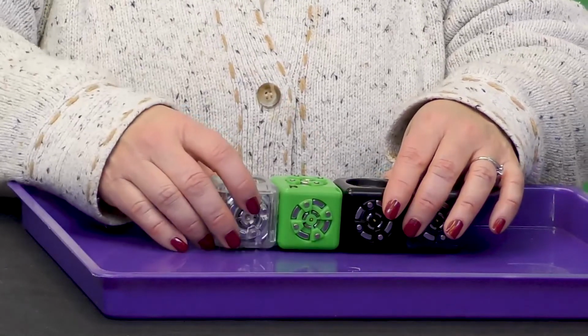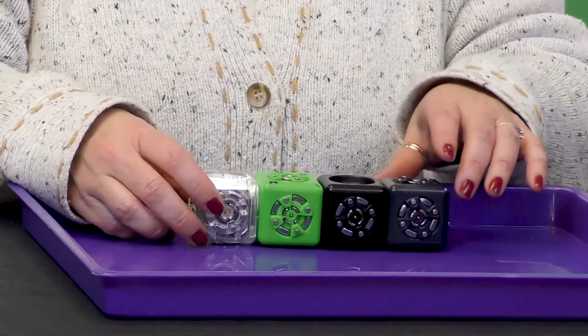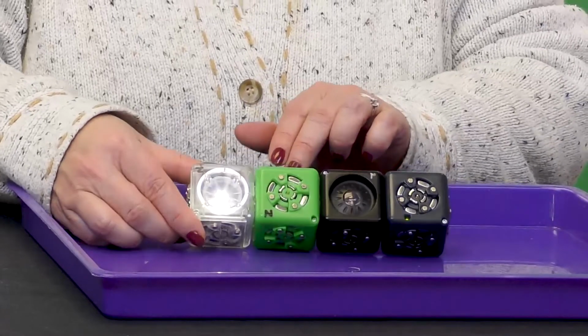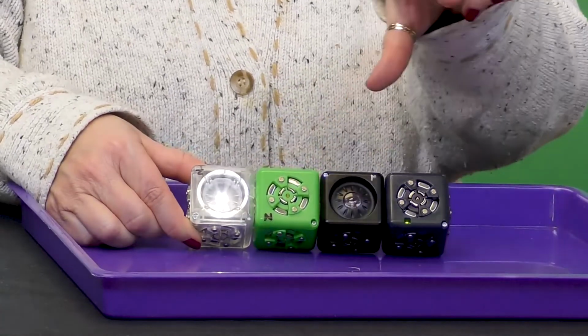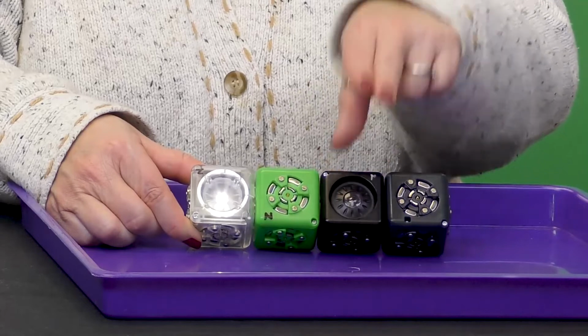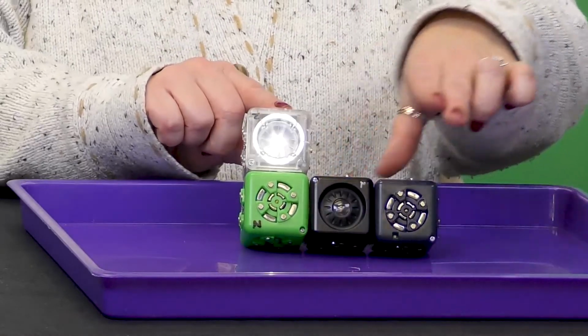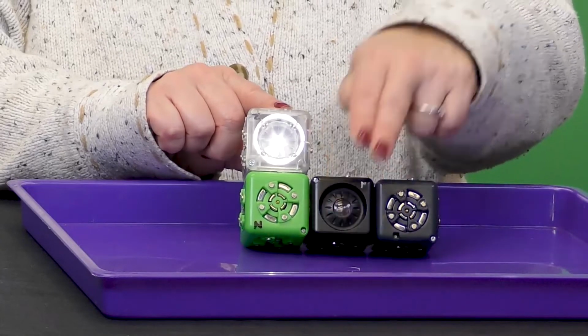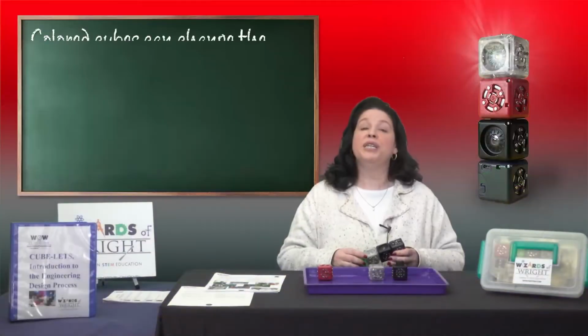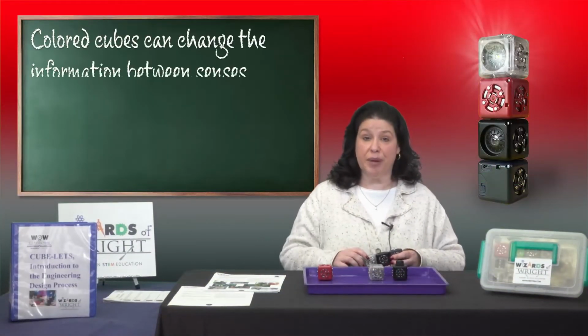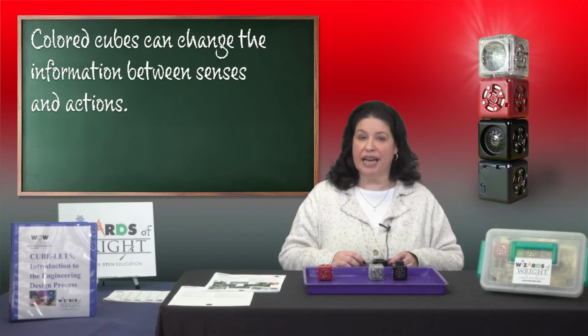Let's add the passive Cubelet. It passes information without changing it. What happens when we move these pieces around? By using colored cubes, you can change the information between senses and actions.